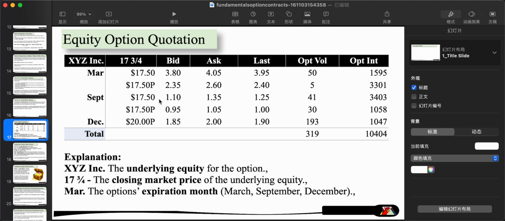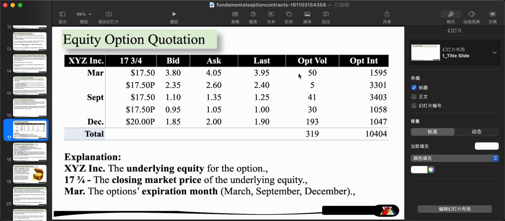And then you see the price of the options, which are calls and puts, with this 17.5, which is a put. You see the letter P, which means it is the put option. Here you see the bid and ask price. If you execute the order and want to buy the options, you are likely to get filled in the middle of the bid and ask.